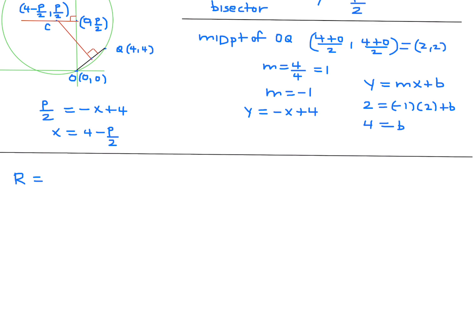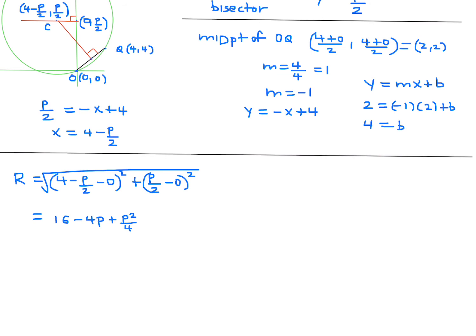Radius is equal to OC, and OC, using the distance formula, would be the square root of (4 minus P over 2 minus 0) all squared, plus (P over 2 minus 0) all squared. So this is going to be, multiplying this out, 16 minus 4P plus P squared over 4, plus P squared over 4 on that side.